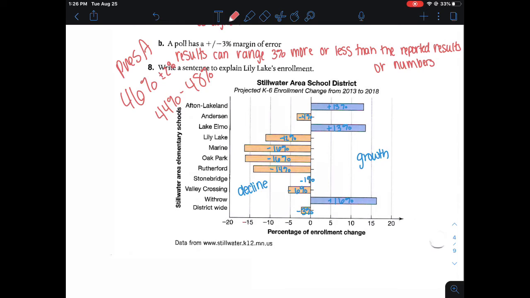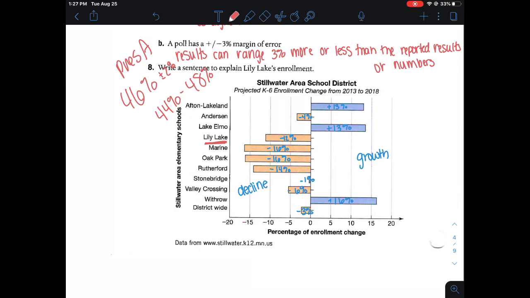All right, number 8, write a sentence to explain Lily Lake's enrollment. So Lily Lake is this elementary school here, and it is in Stillwater Area School District. So kind of like Round Lake, we have 5 elementary schools. All of these elementary schools are in the district, and these are the projected K through 6 enrollment changes from 2013 to 2018.